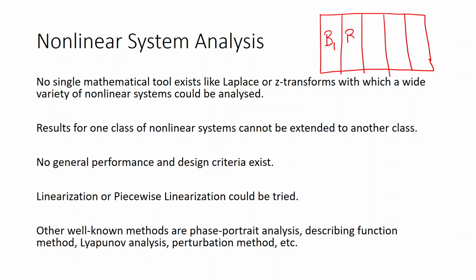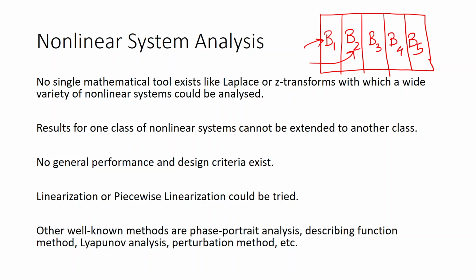Suppose this is having some behavior B1, B2, then B3 like this. So we study the behavior B1, and any system exhibiting that behavior B1 then gets studied. However, the study of the system with behavior B1 will not have anything common with the study of system of behavior B2.